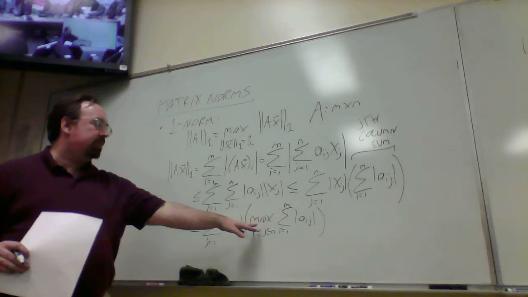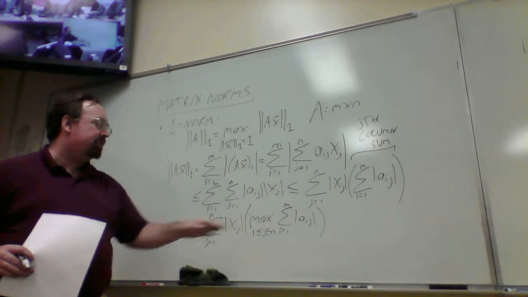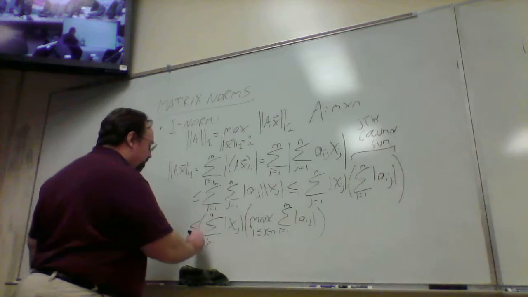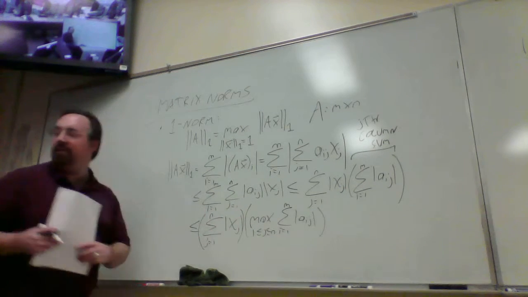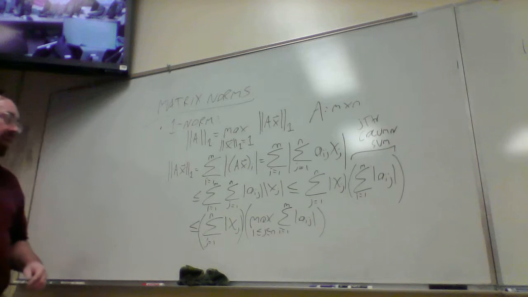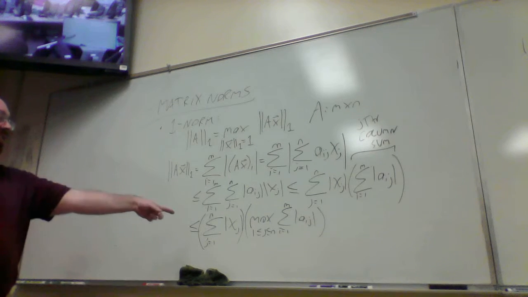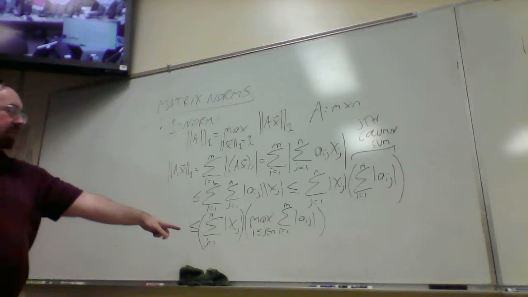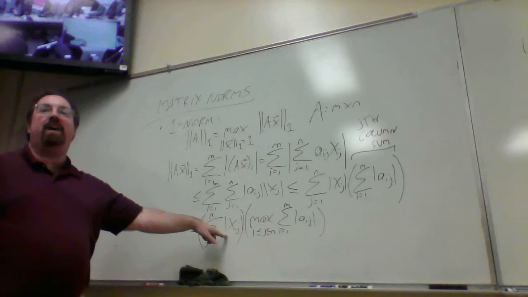But this maximum is independent of j. So in fact, I can just pull that out of the sum. But what's left is a sum of all the absolute values of the components of x.